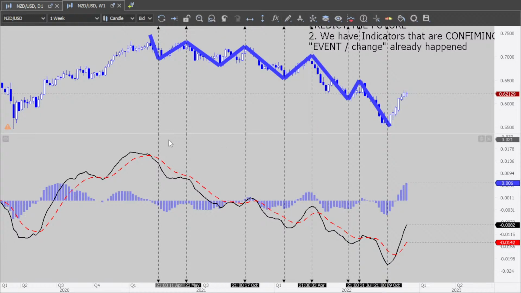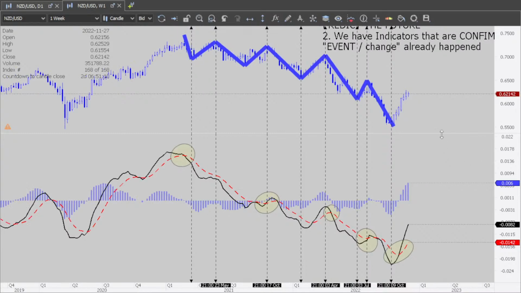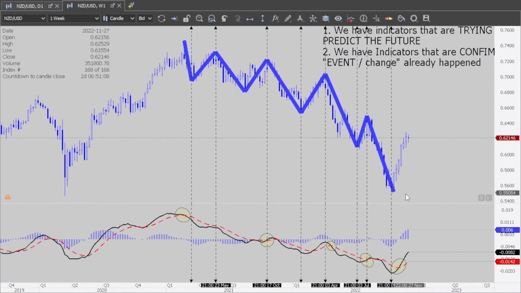So we are looking at this cross, and this cross, and this cross in here, and then this cross, and then this cross. Okay, everybody? So you have the MACD crossing lines, right?